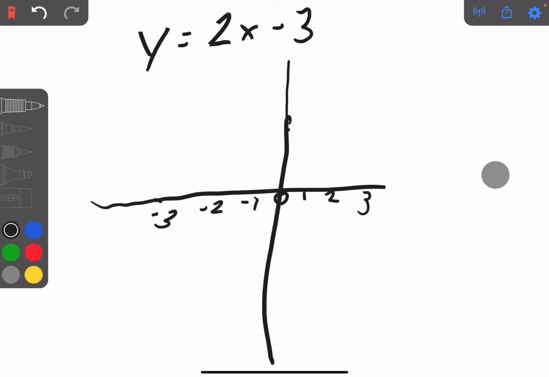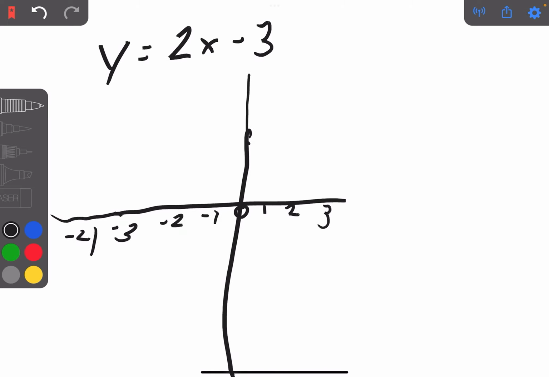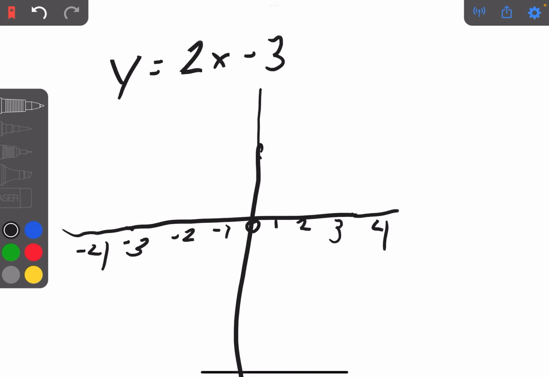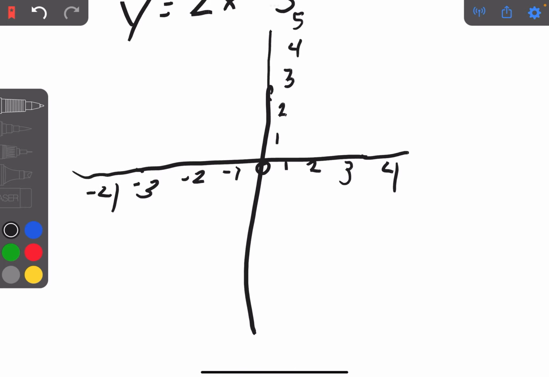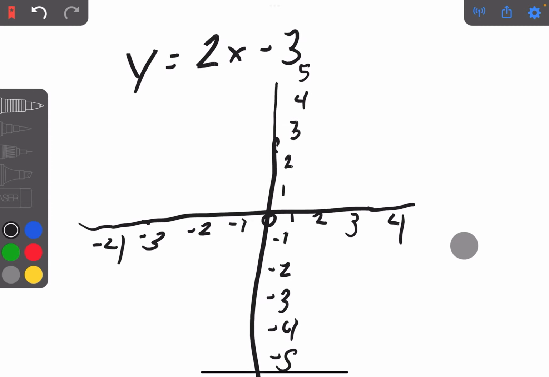We'll make it a bit longer, -4, 4, 1, 2, 3, 4, 5, -1, -2, -3, -4, -5. So now we've got 2x minus 3.